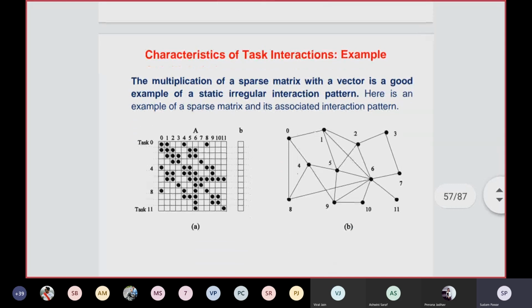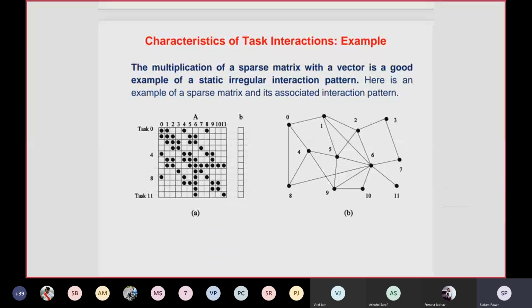And whereas the irregular pattern you can see here, this example is the multiplication of a sparse matrix with a vector. This is the well-known example of a static irregular interaction pattern. Here is an example of a sparse matrix and its associated interaction pattern, shown towards the right, that is B. Each task may not have an equal number of matrix elements, or non-zero elements.